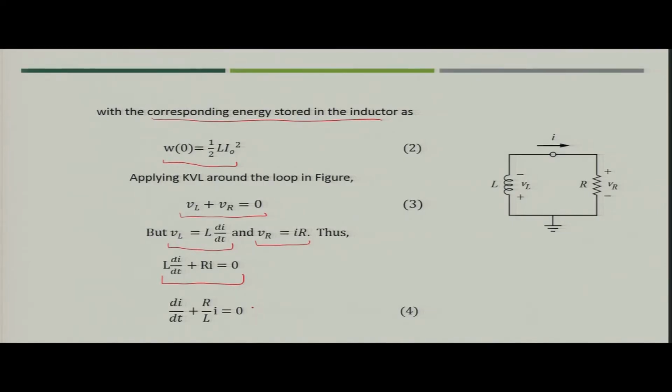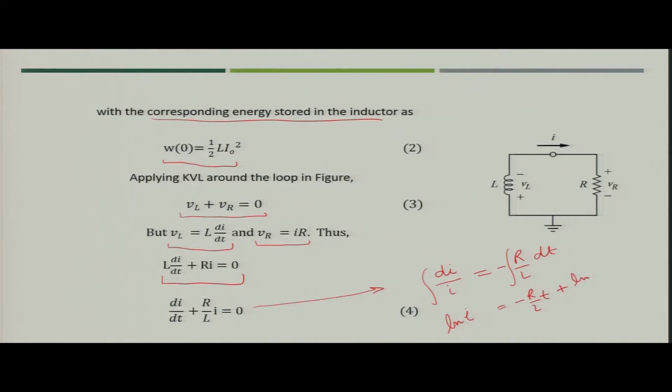We rearrange it as di by i equal to minus R by L into dt. Integrating both sides, we get ln i equal to minus R by L t plus some constant.